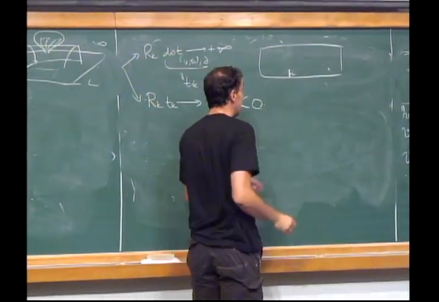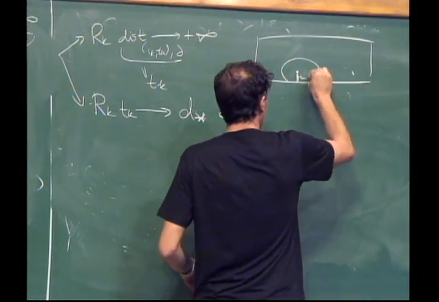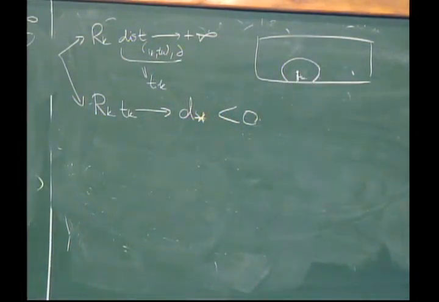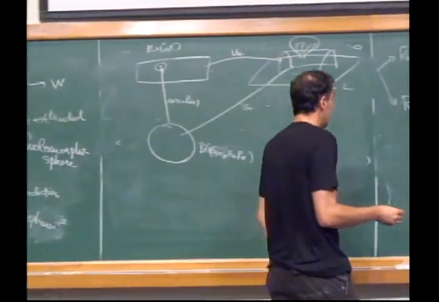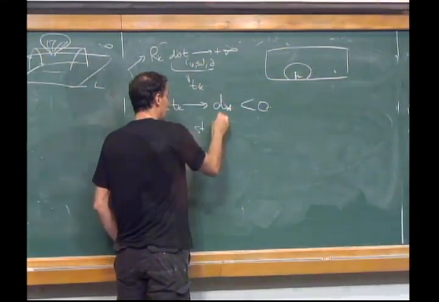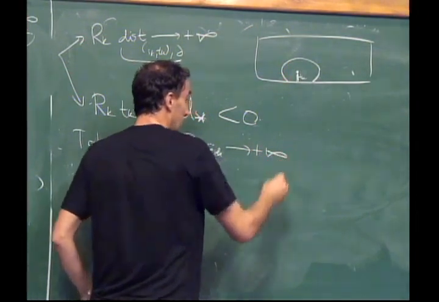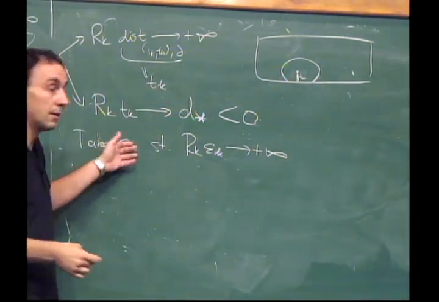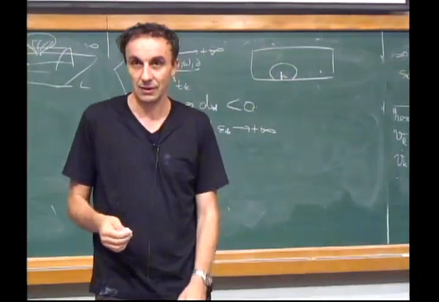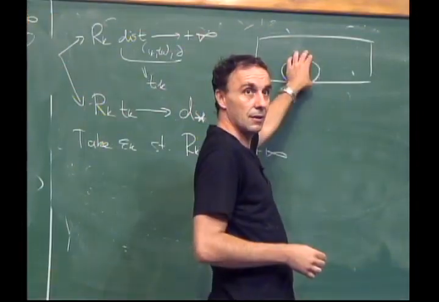Now what happens in this case? In this case, when you take epsilon k such that, as before, RK epsilon k goes to plus infinity, the main difference is that you cannot have a whole ball inside. Okay.